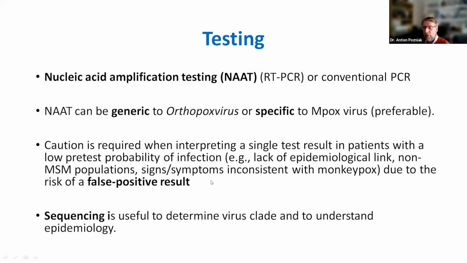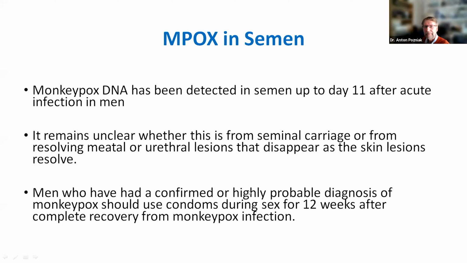So it's really important when you interpret the test that if they've got a very low probability, a lack of an epidemiological link, that non-MSM, the signs and symptoms are inconsistent with monkeypox, they might have a false positive result. And obviously people have been doing sequencing to look at the clade and to understand the epidemiology.